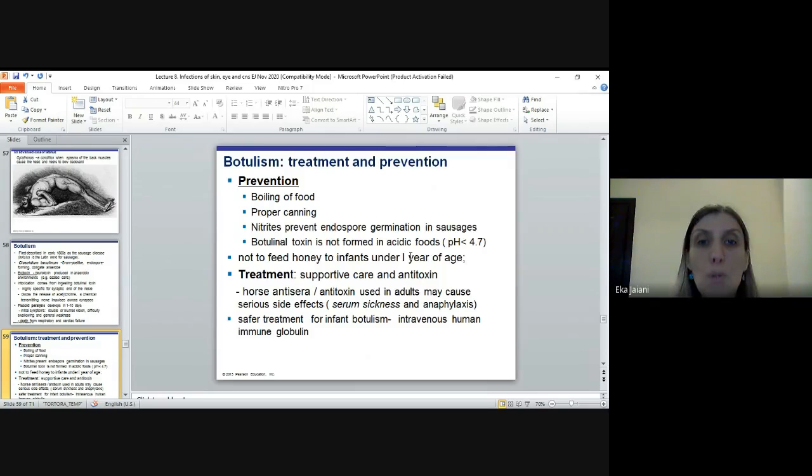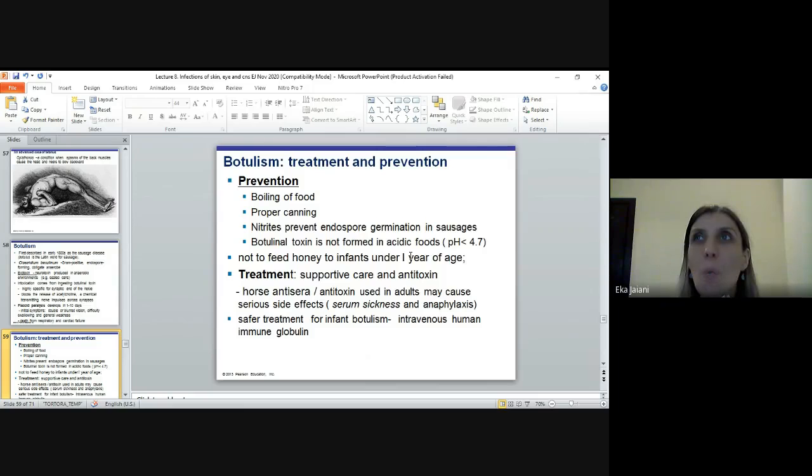And botulinum toxin doesn't like acidic foods like pickles. It likes slightly alkaline, neutral to alkaline conditions. And also babies can develop baby botulism.